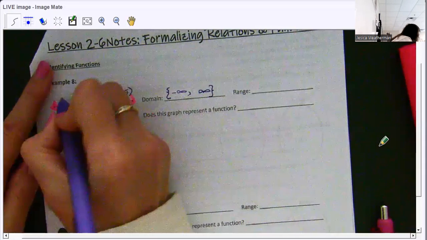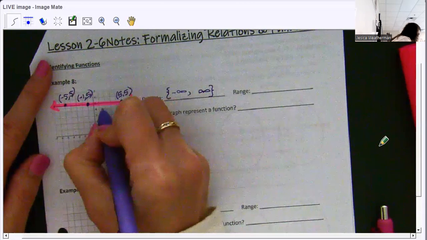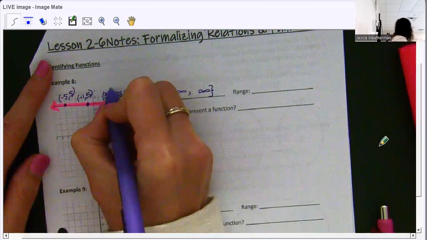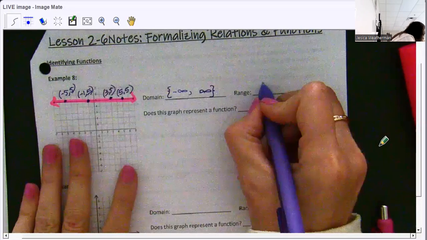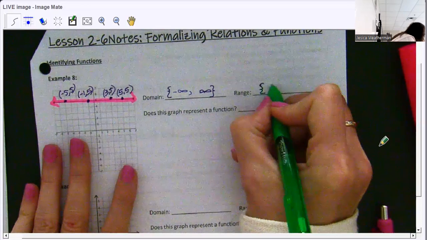Okay, now look at my range here. I have -5, 5. Here I have 3, 5. What do you know about all of our y values? It's all 5. So the only range that we have is 5.